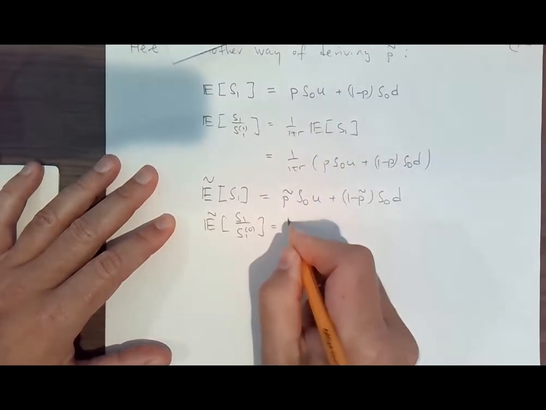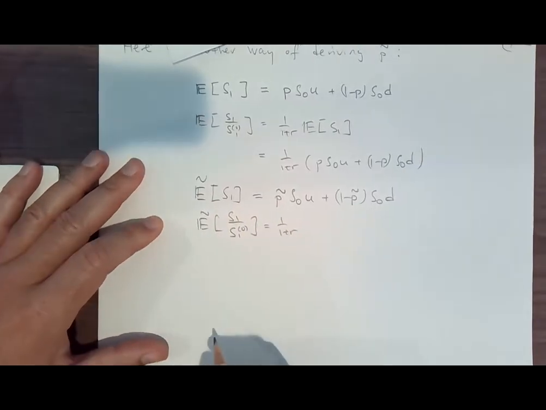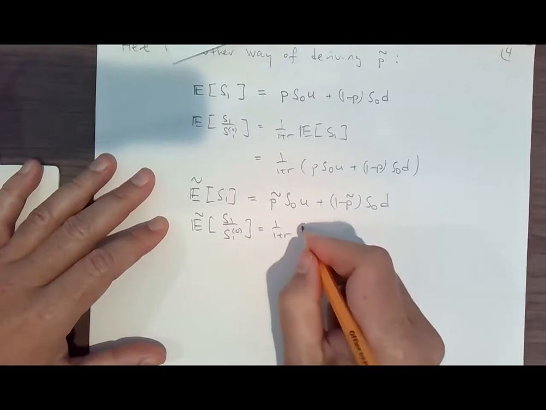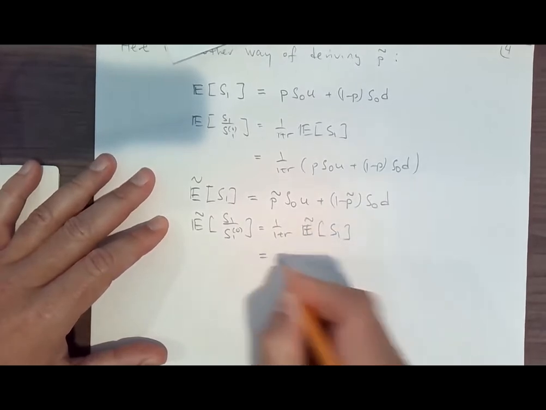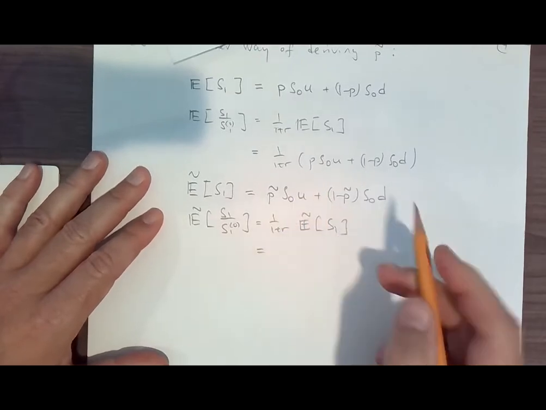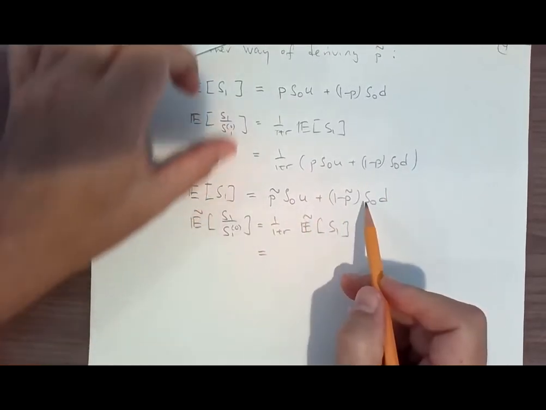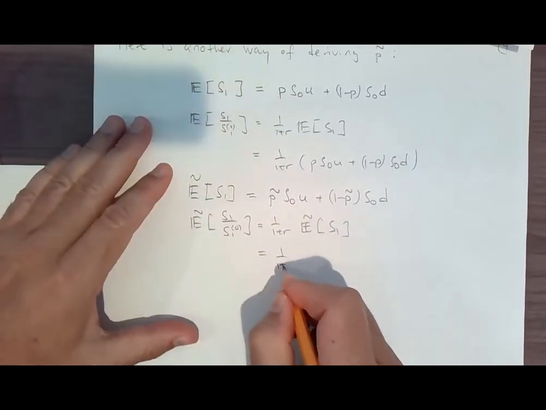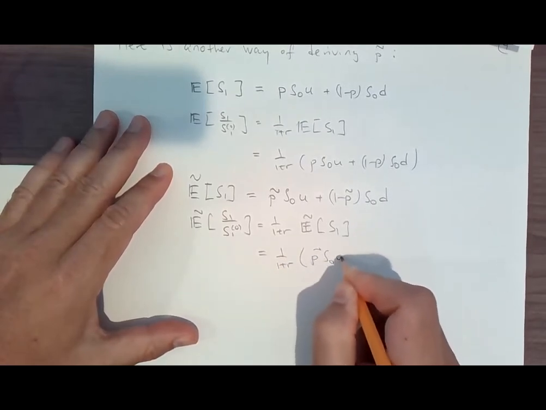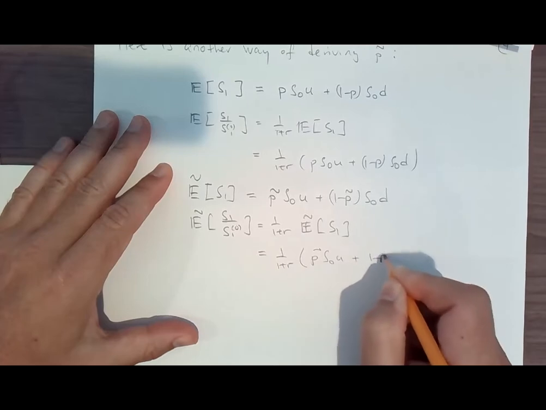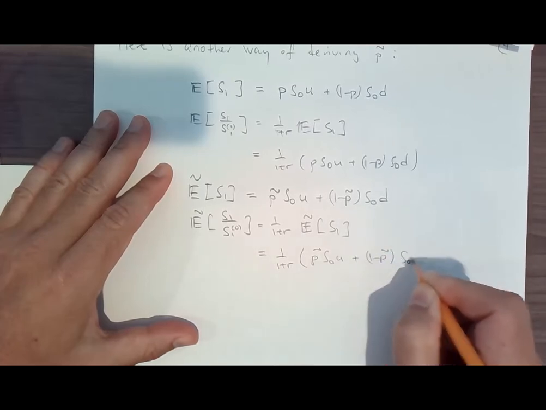And it's going to be very similar to the other one. It's 1 over 1 plus r, and then it's the expectation under the tilde probabilities. Plug in the formula we just computed. This is 1 over 1 plus r times p tilde S0 u plus 1 minus p tilde S0 d.